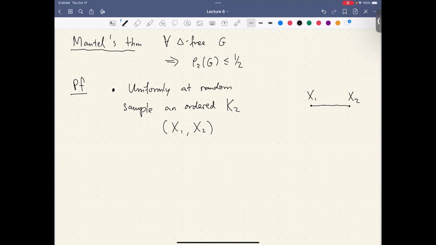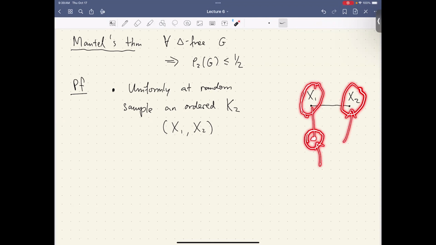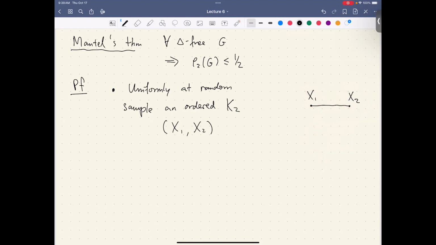We're going to do resampling. We're going to resample X2, conditional on X1. So conditional on X1, we do another random sampling so that this new variable conditionally has the same distribution as X2. Let me first draw the picture. Blue stands for resampling.